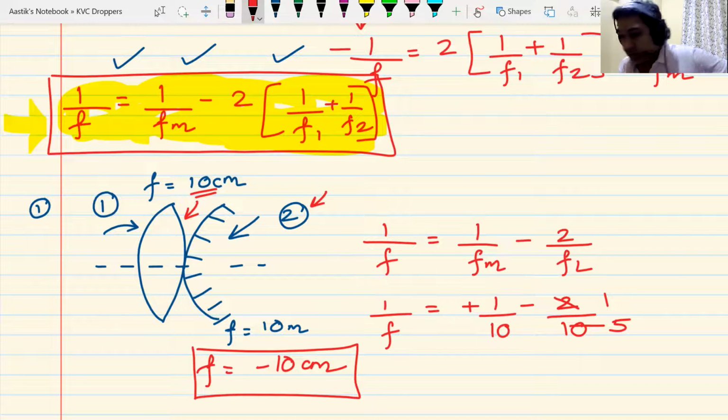Yes, sir. Now, do you understand how you were getting 5 centimeters or plus 1 by 5? What mistakes were you making? Do you understand those mistakes? Tell me. Was it a calculation mistake or did you put wrong values in the formula? Wrong formula, sir. 2 by FL was not taken, we took 1 by FL.